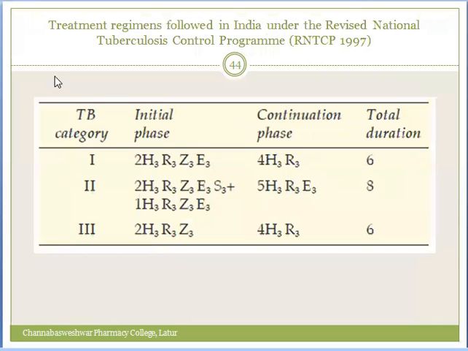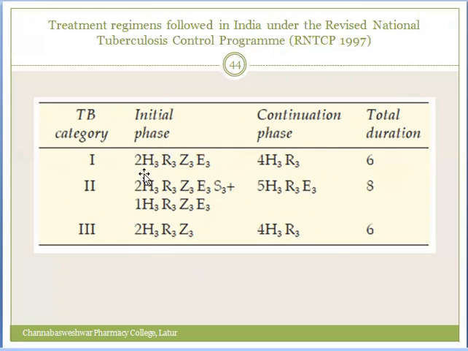So here, the next table shows the treatment regimen which is followed in India under the Revised National Tuberculosis Control Program, that is RNTCP, through 1997. It shows the categories of tuberculosis, category 1, category 2, category 3. This is the initial phase. For category 1, RNTCP gives the doses thrice weekly.